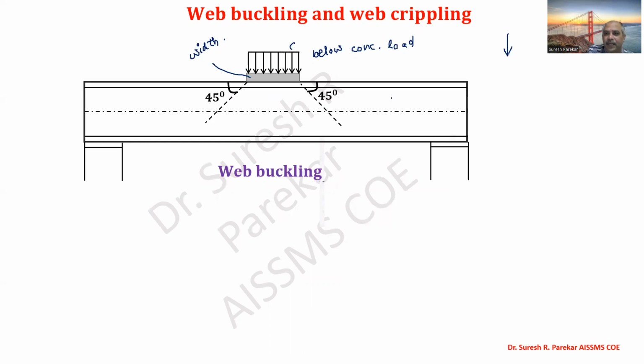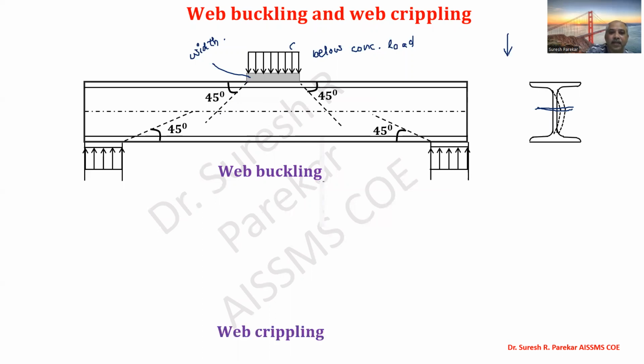Now buckling is always at the center. You can see this diagram. Buckling we have here at the center, at the neutral axis, where maximum buckling occurs. According to the IS code, we have to disperse that load at an angle of 45 degrees to the top point, and this becomes your base width at the critical section.